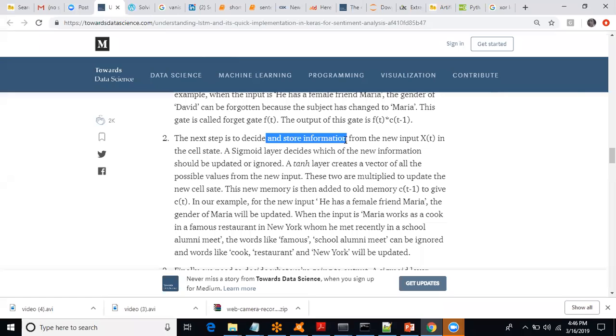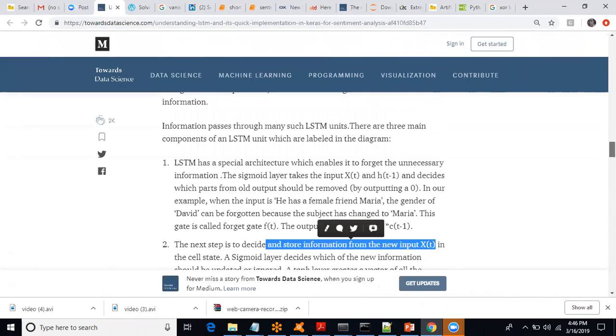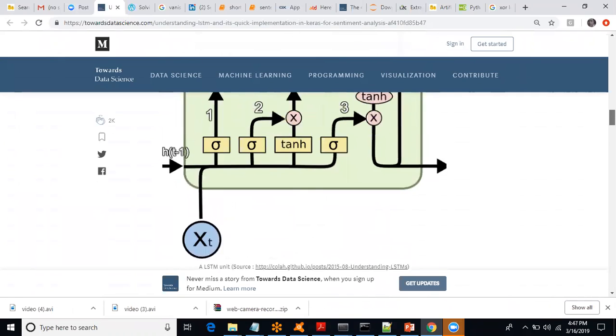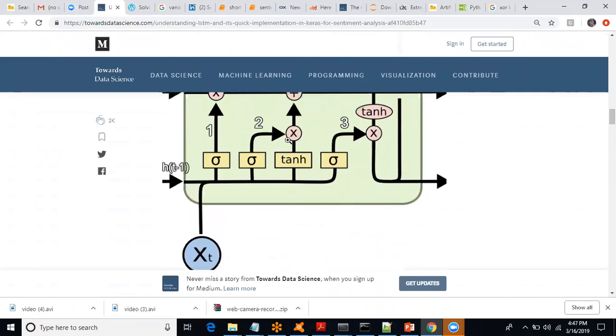The next step is to decide and store information from the new input x of t in the cell state. So we get some new information x of t here, which passes through to here.